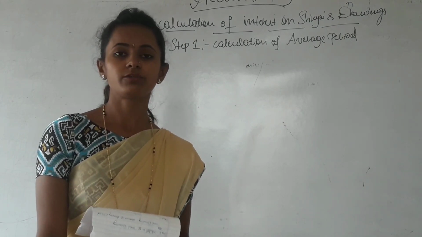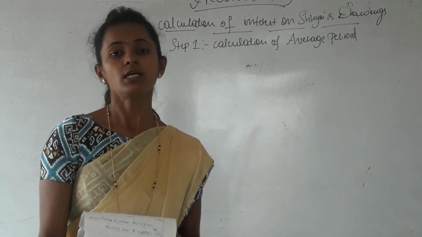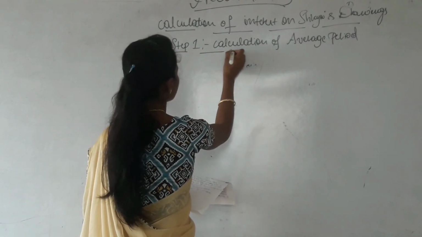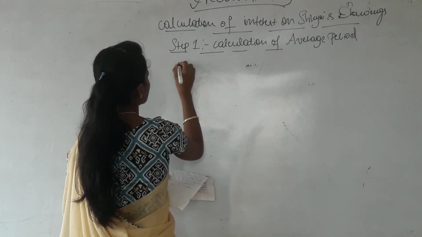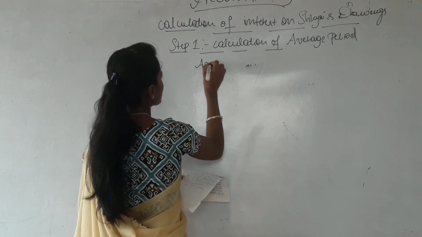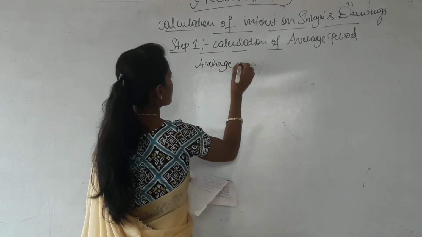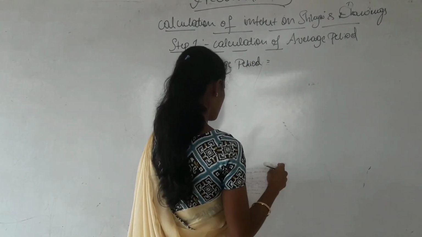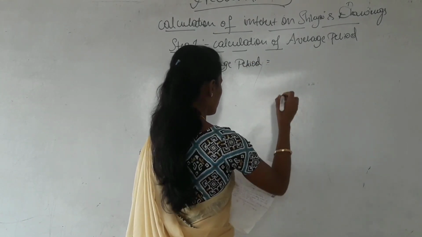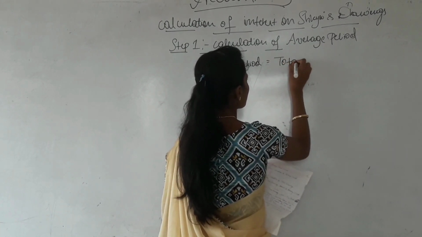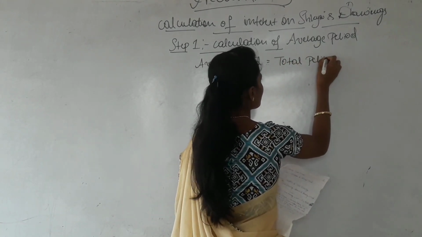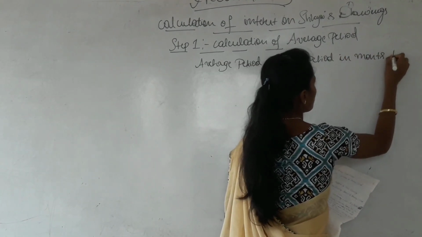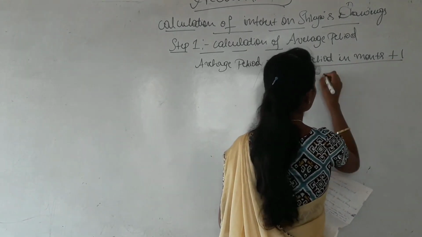So, beginning of every month, of the 3 formulas, the first formula is applicable. So I am writing here, step 1, that is average period is equal to total period in months plus 1 divided by 2.